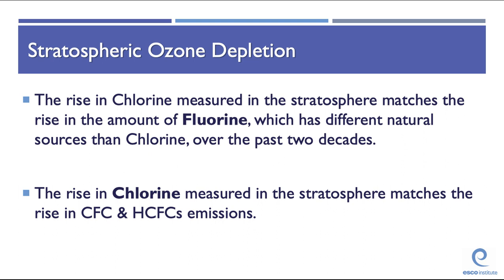The rise in chlorine measured in the stratosphere over the past 2 decades matches the rise in the amount of fluorine, which has a different natural source than chlorine, over the same period. Also, the rise in chlorine measured in the stratosphere over the past 20 years matches the rise in CFC and HCFC emissions over the same time period. The evidence is pretty clear that chlorine-containing refrigerants have changed the natural balance, thus depleting the ozone layer.